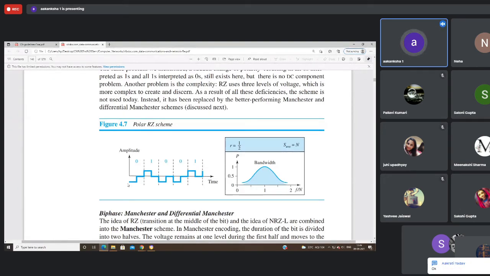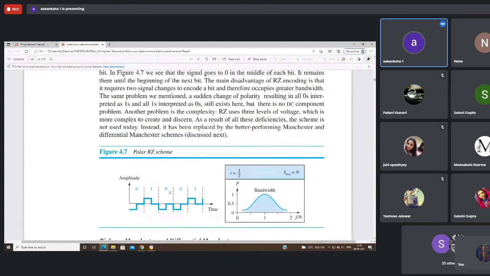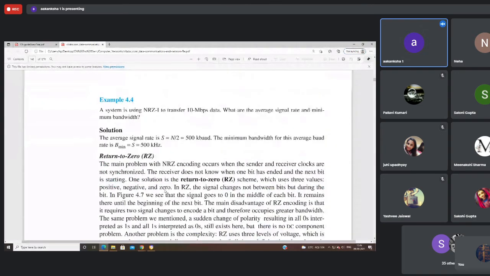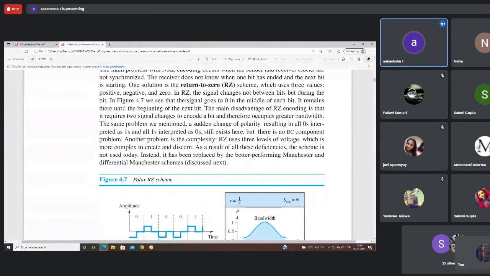Basically, when we are representing 0, it is either positive to 0 or negative to 0, and 1 is also the same, with the transition in the middle of the bit. How it will be used for synchronization, we'll discuss in a short while. So that is the return to 0 scheme.